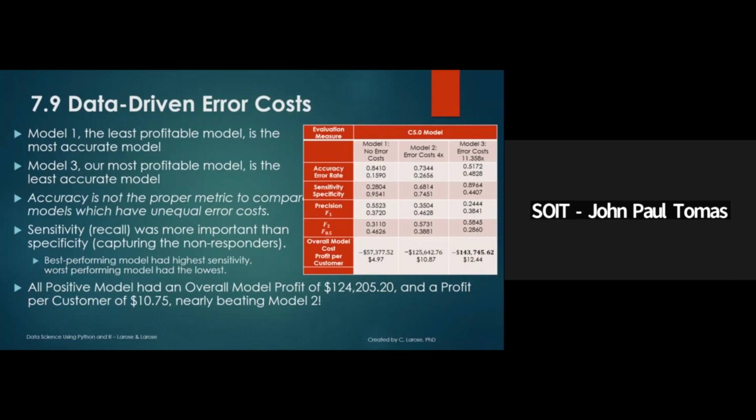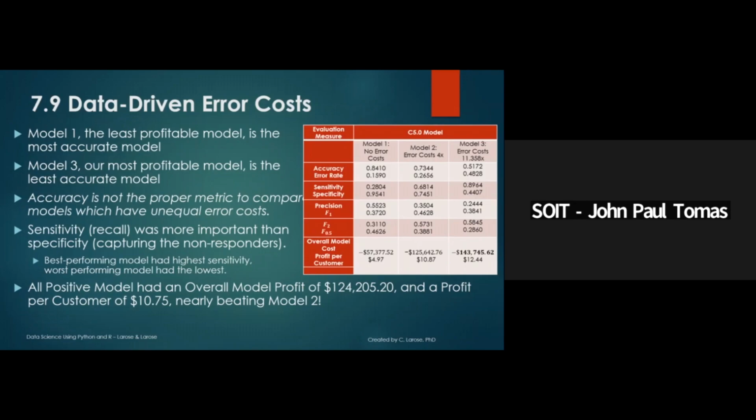Okay, so that is why Model 3 is the most profitable model, and of course, the least accurate model. Now, accuracy is not the proper metric to compare models which have an unequal error cost. Just take note that we're actually talking about unequal error costs. We're not gearing towards something that has a value on it.